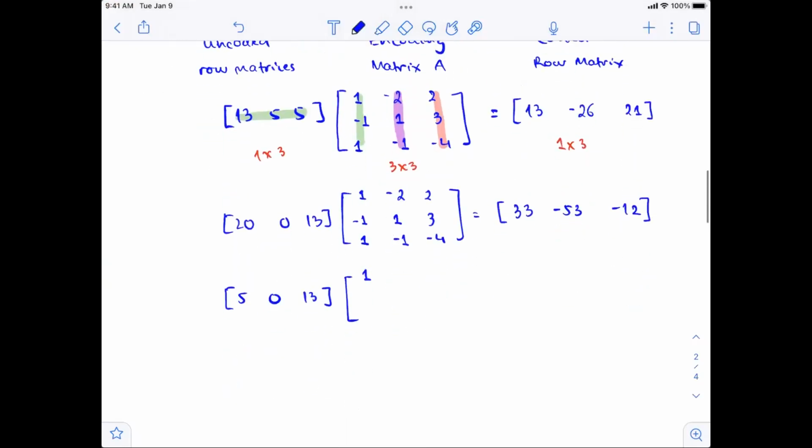So let me just make a copy of this matrix, right? And you do matrix multiplication one more time, and you receive a row matrix of the form 18, -23, -42.